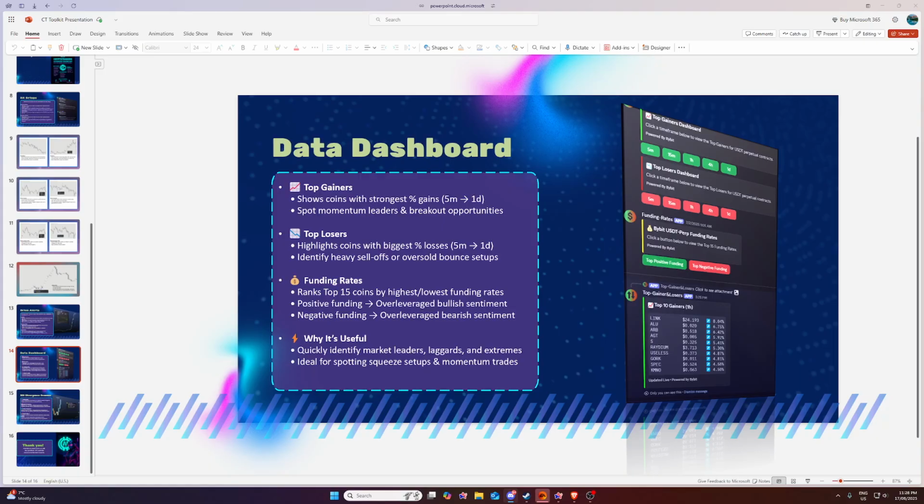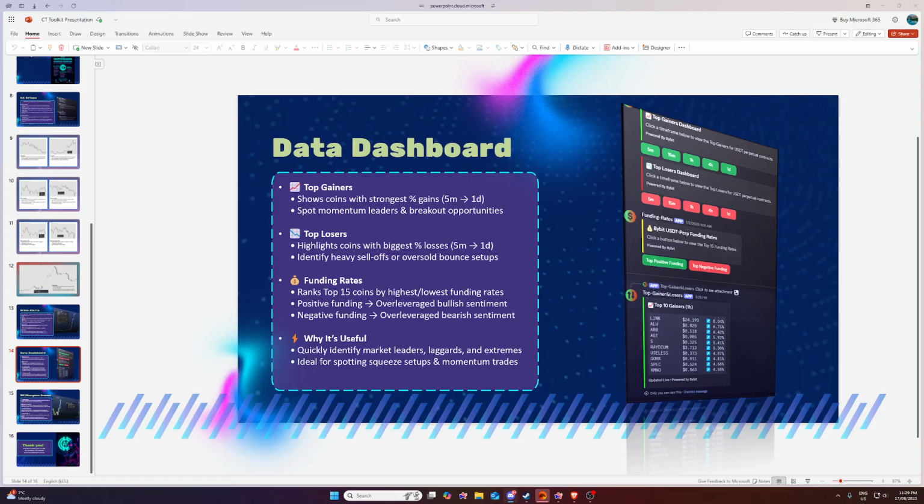So I think that's pretty straightforward. How you can use this is, every so often you click the top negative funding, for example, and you see which coin has the highest negative funding, which indicates overcrowding of shorts and a potential short squeeze incoming. And you align that with your own chart analysis to identify a trade entry.